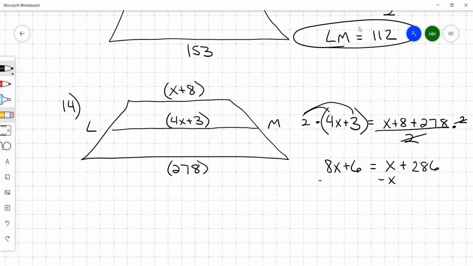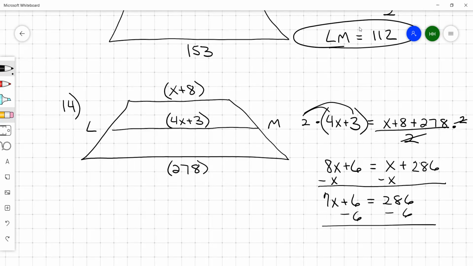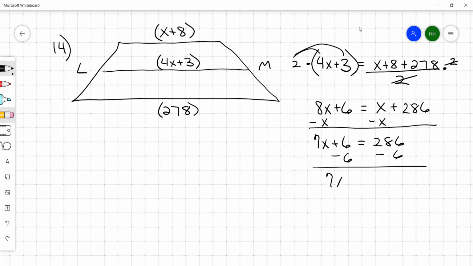Subtract x from each side, so 7x plus 6 equals 286. Subtract 6, 7x equals 280, and divide by 7. So x equals 40.